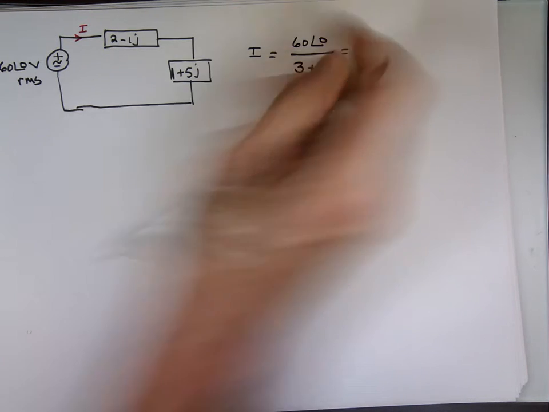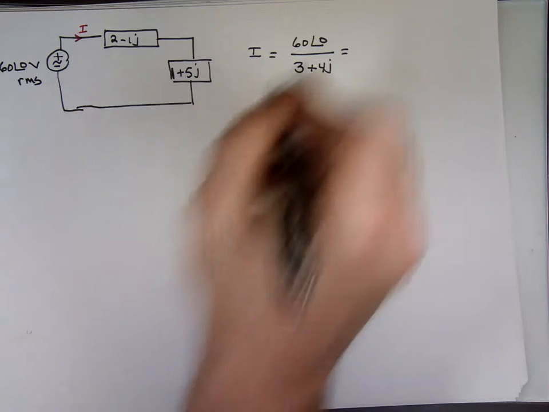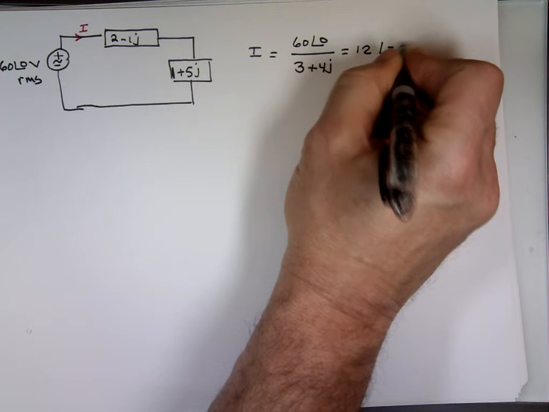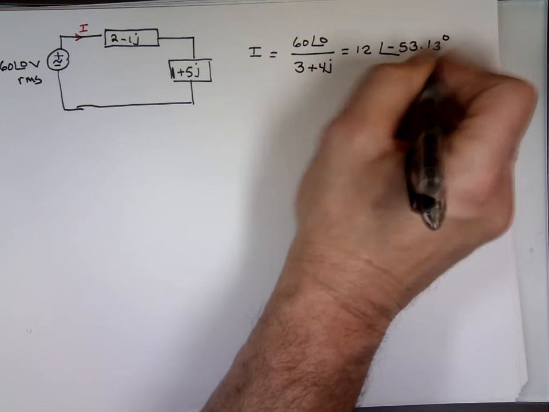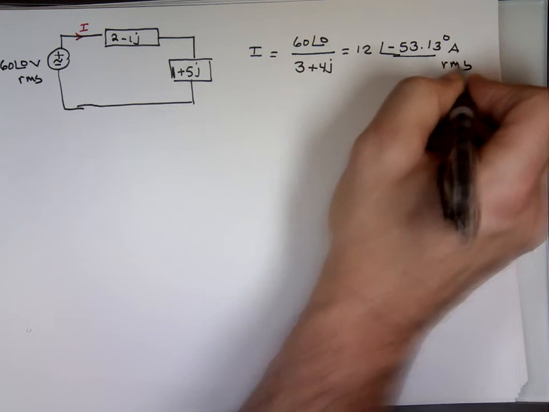And if you do the math for that, the current will be what? 12 angle negative 53.13 amps. And this is RMS. Why? Because the voltage was RMS.